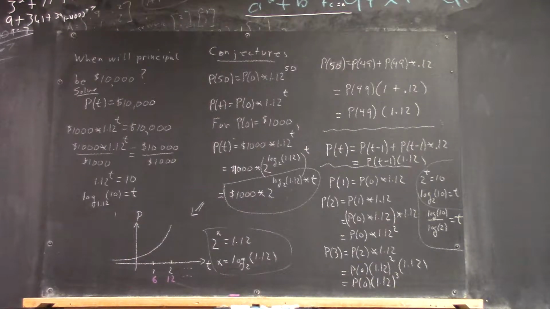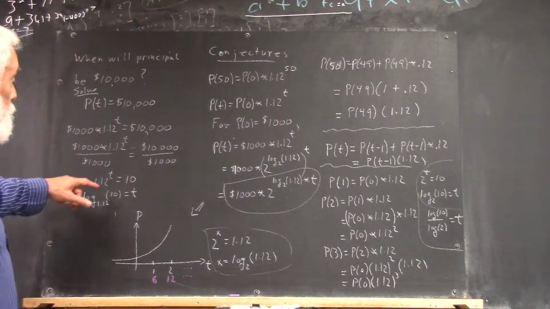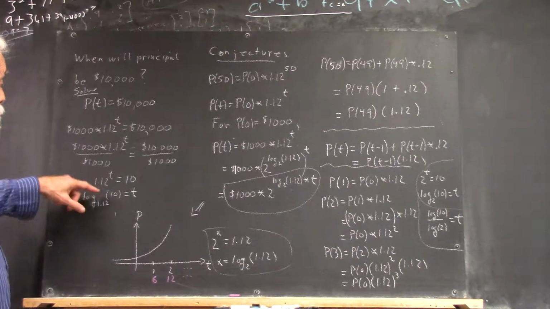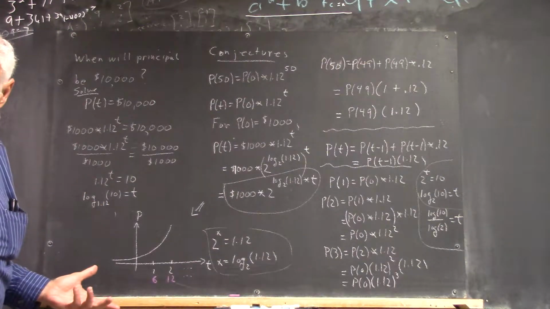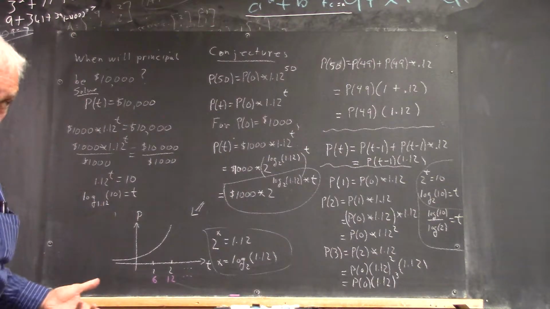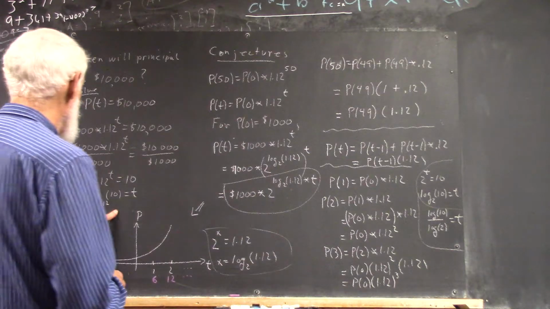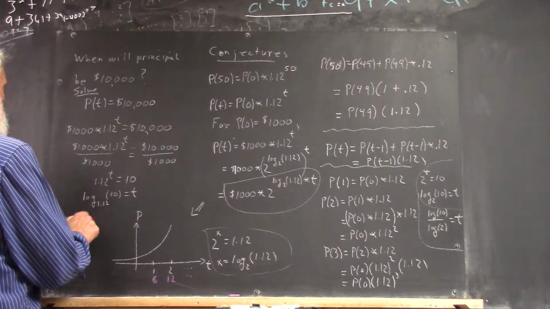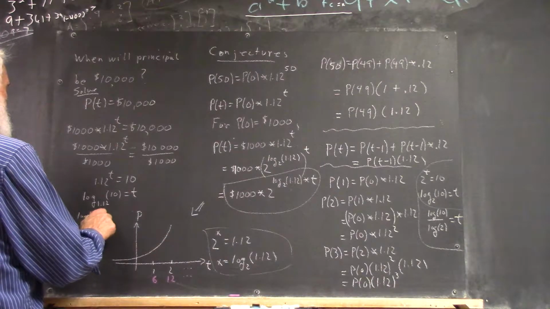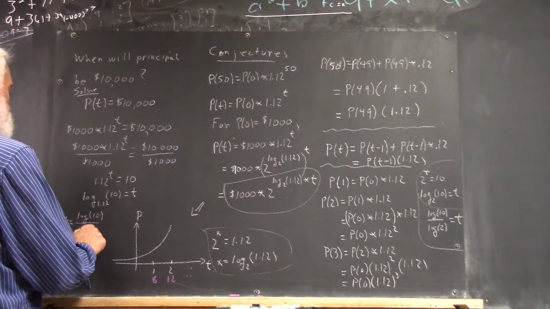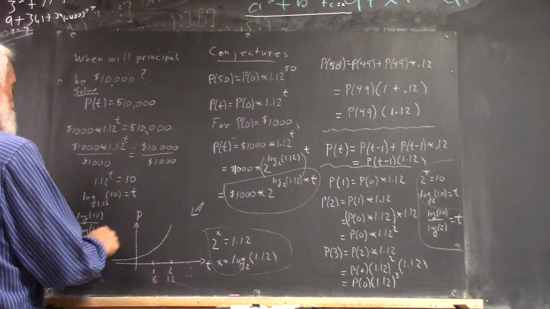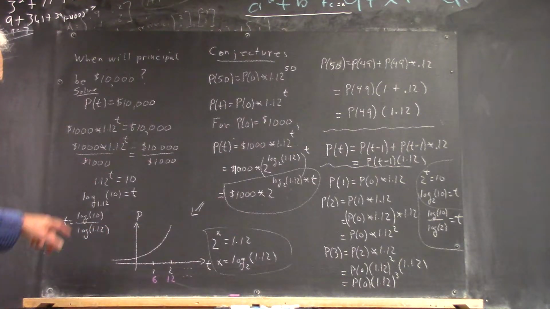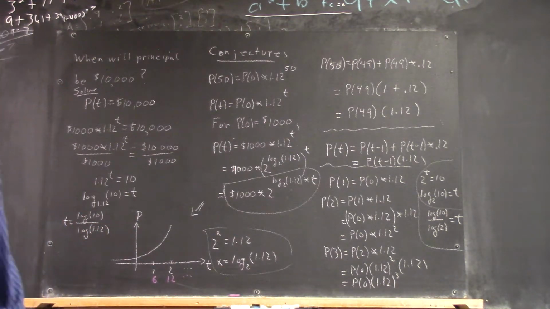Just like it would be if it had a 2 here, you're going to use the 1.12 instead of the 2. I'll explain why later, but it's not hard to understand. So t is log 10 over log 1.12. If you have your calculator in your hand, you can do that in a few seconds.